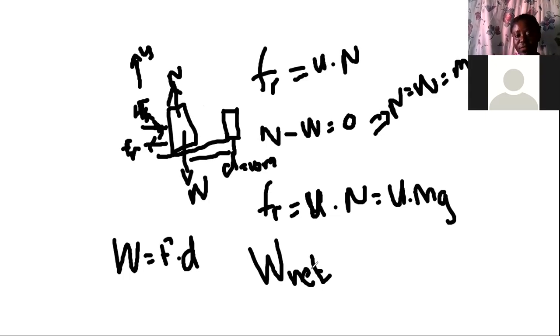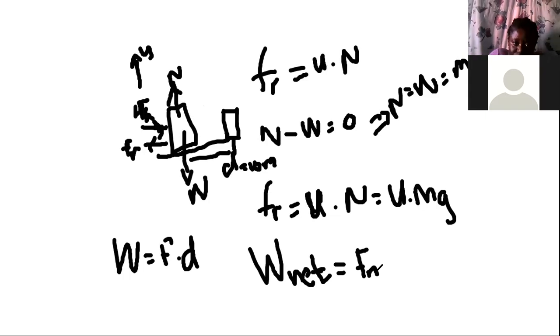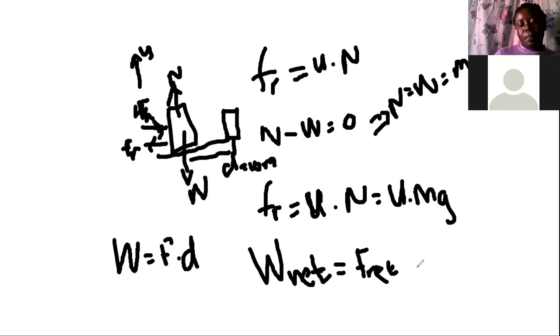So therefore the net work done is equals to the what? To the net forces acting on that times the displacement, or we can simply say it is equals to the work done by what?